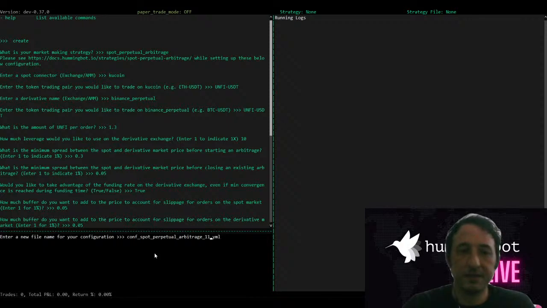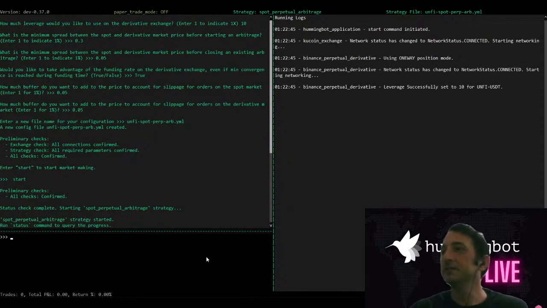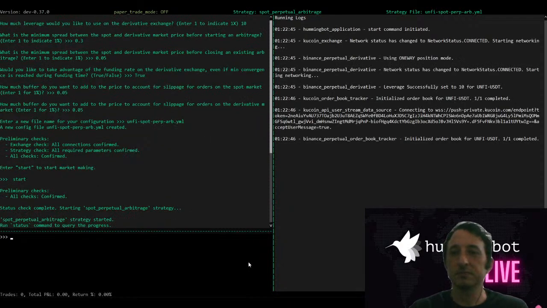So as with every strategy we create, we set a name for the strategy so you can import it later. And there we go, ready to go. Hit start and the bot starts to do its work.